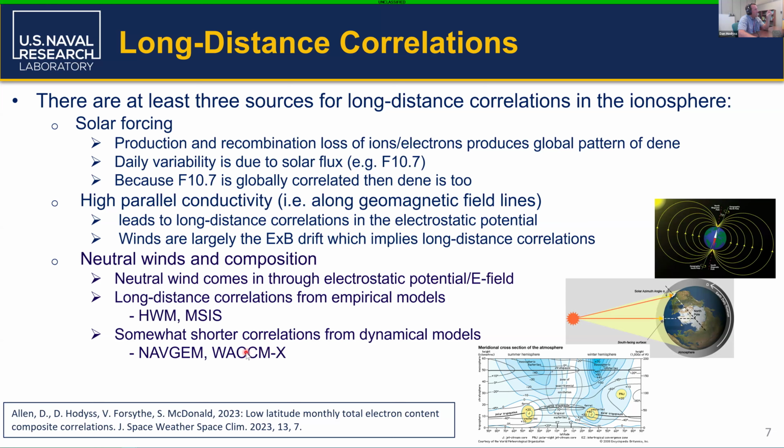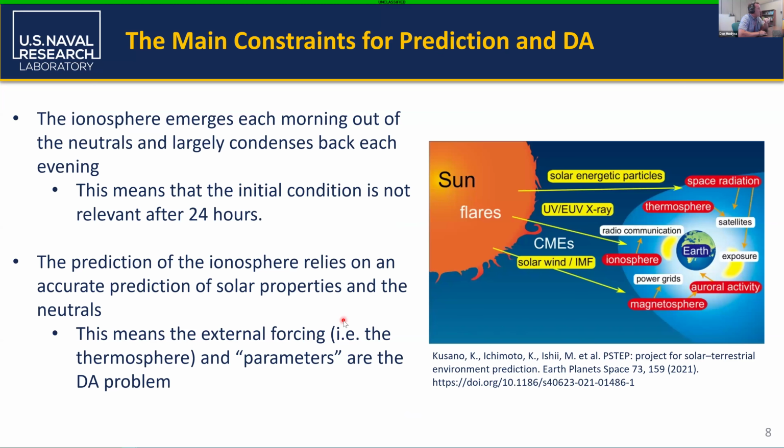But one thing that deserves to be mentioned, I think, is that no matter what model you choose for the neutrals, the high parallel conductivity assumption is always going to keep very long distance correlations between the electron density and the ion motion fields. That will never go away. So that's what I want to talk about in terms of long distance correlations.